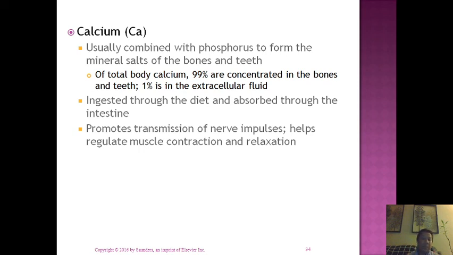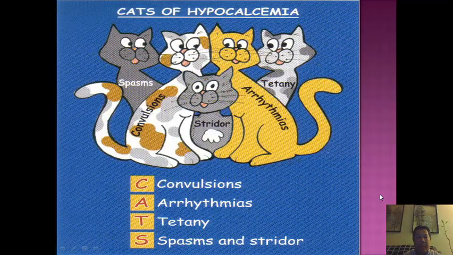Chvostek's is that involuntary muscular contraction of the muscle close to the cheekbone in response to tapping of that cheekbone right here. So if you tap the cheekbone like this, and the patient has hypocalcemia, most likely the patient will have involuntary muscular contraction called Chvostek's sign.